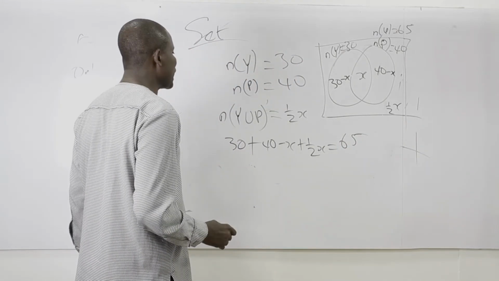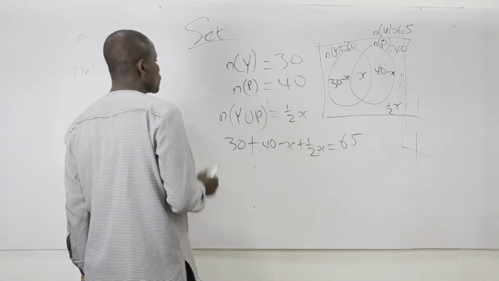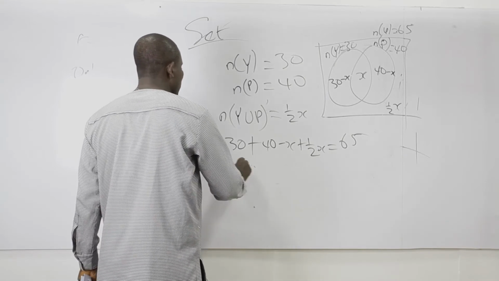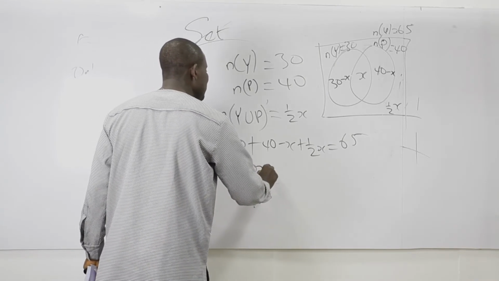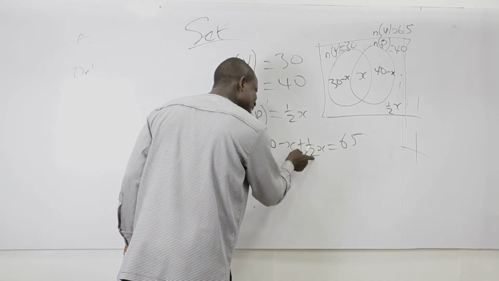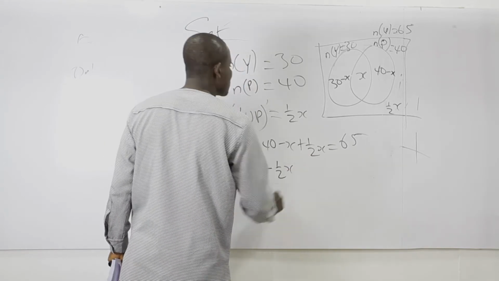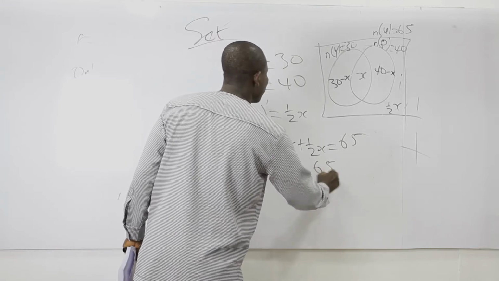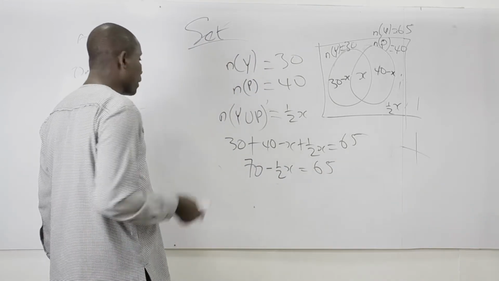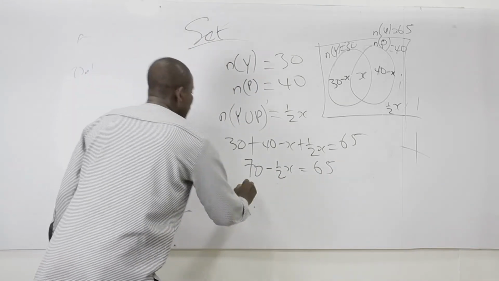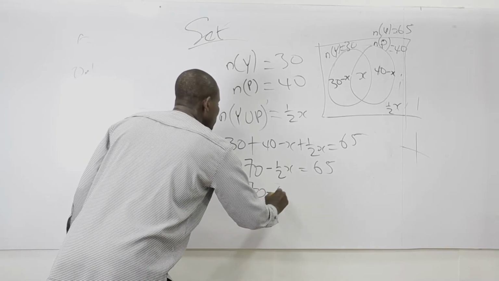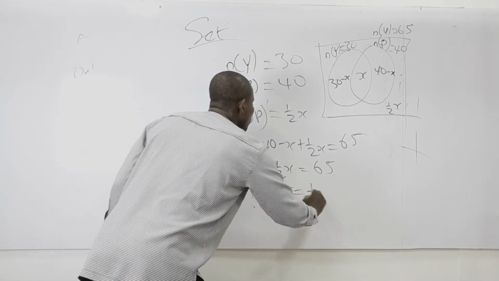This really becomes something like a linear equation. If I simplify it, it becomes 70, this is 1x and this is minus, plus half x. It becomes minus half x is equal to 65, right? So if I want it more simplified, I can say 70 minus 65 is equal to half x.